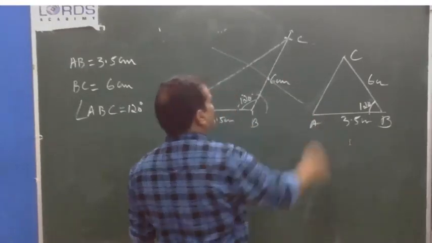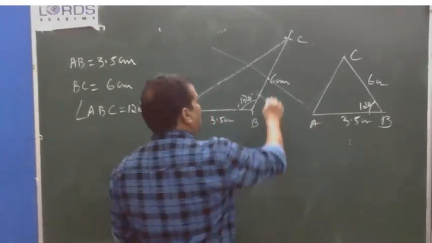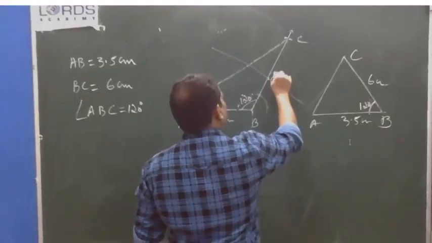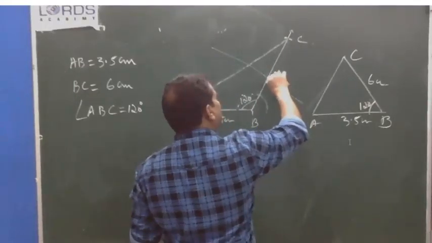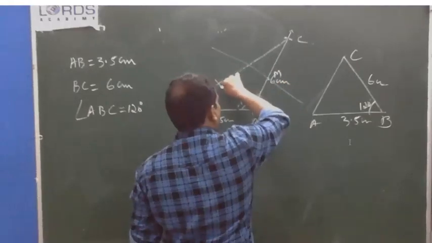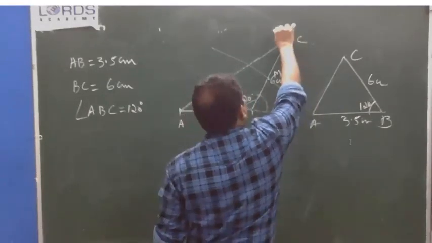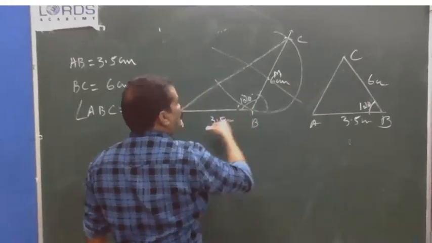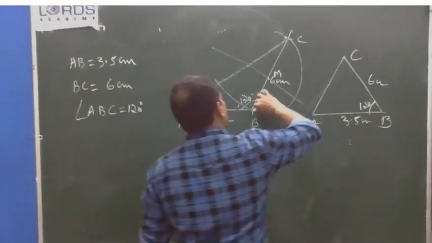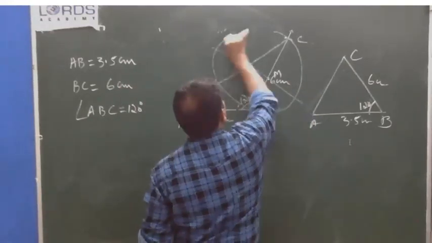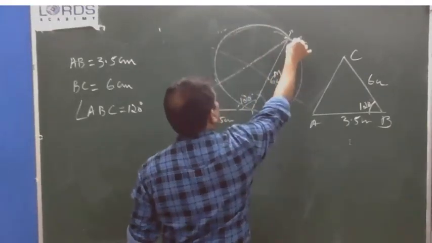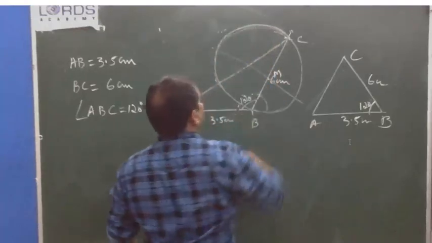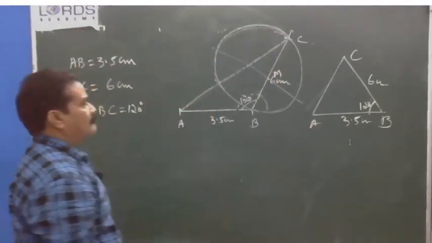This will be the center, M. Taking MB or MC as a radius, you draw another circle that will pass through B and C. Draw it, all of you.